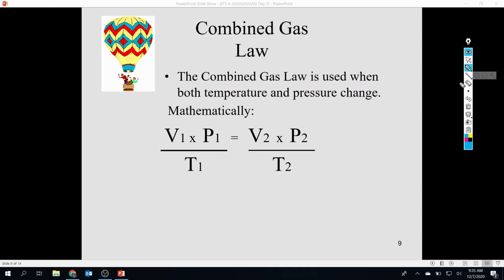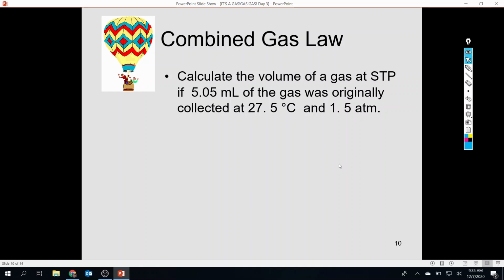All right, so let's work a sample problem with that. Calculate the volume of a gas at STP if 5.05 milliliters of the gas was originally collected at 27.5 degrees Celsius and 1.5 atmospheres.